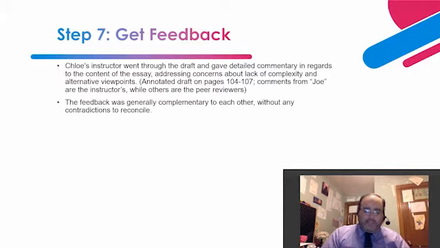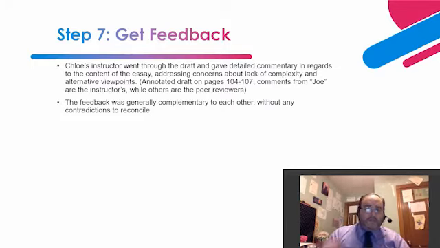The one who has the most comments here is named Joe. That is her instructor. The rest of the comments are from peer reviewers. And you can probably tell that because the peer reviewers are doing very little in terms of giving her feedback. In fact, 2 of them only leave her 1 comment each.